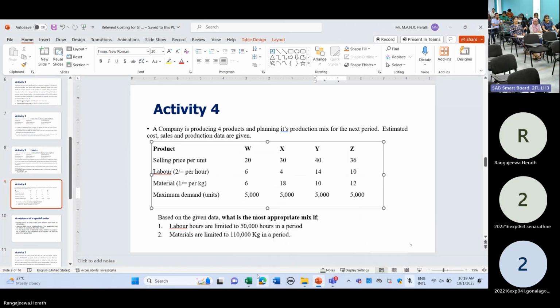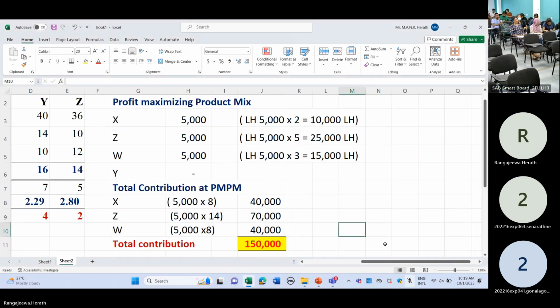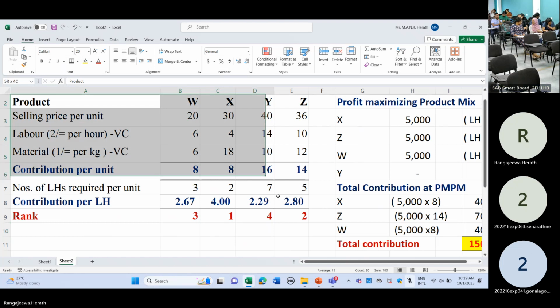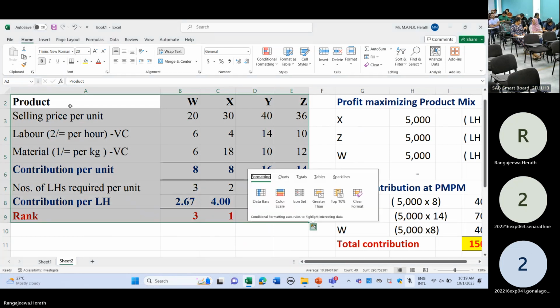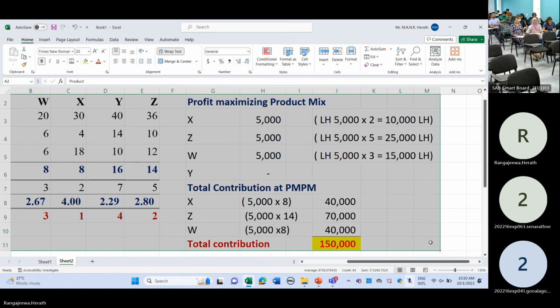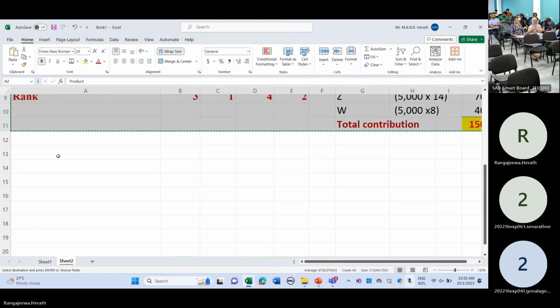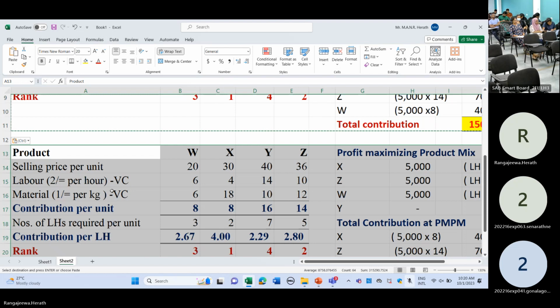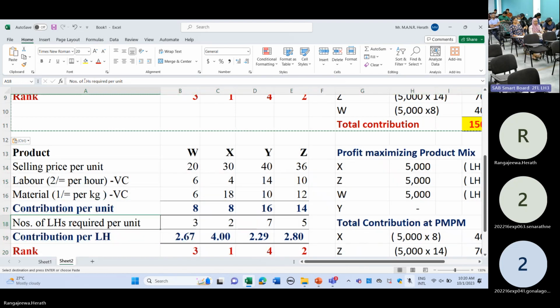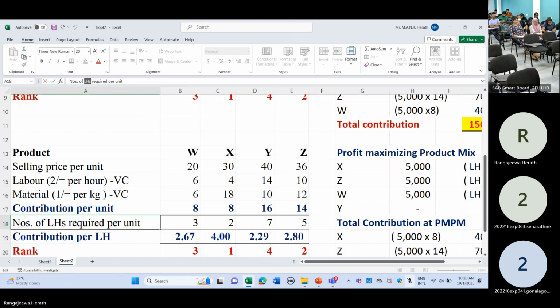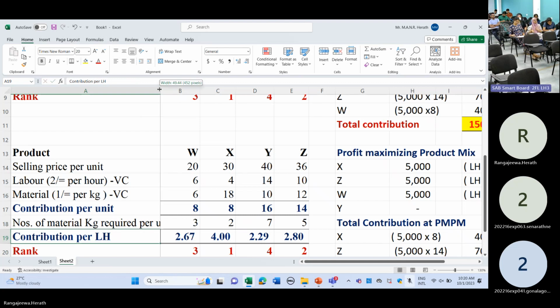Yes, I will use the same format we had earlier. Now first, it should be the number of material kg required per unit, right?